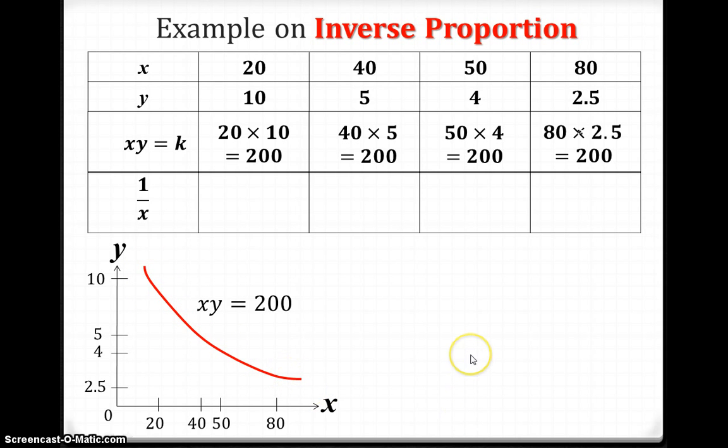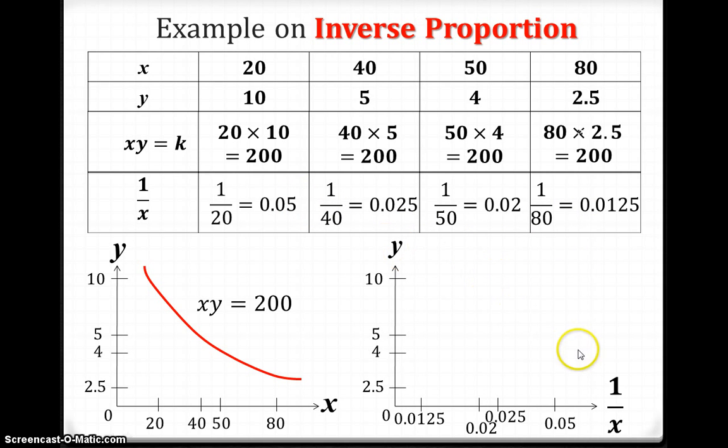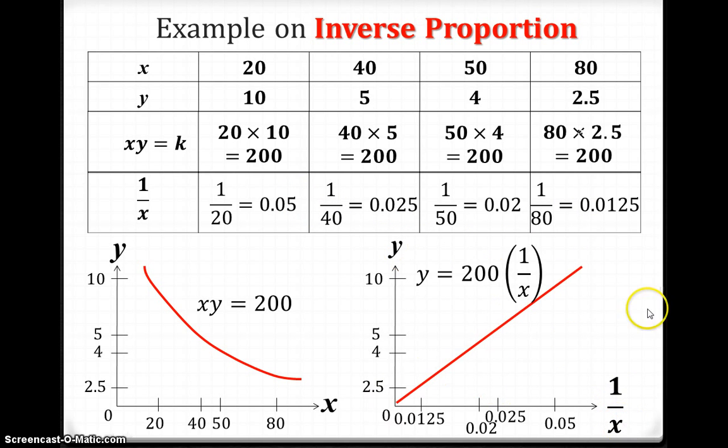Okay, let's say this is a side topic. The original graph of inverse proportion is y against x. If you plot y against 1 over x, you will notice a straight line graph.